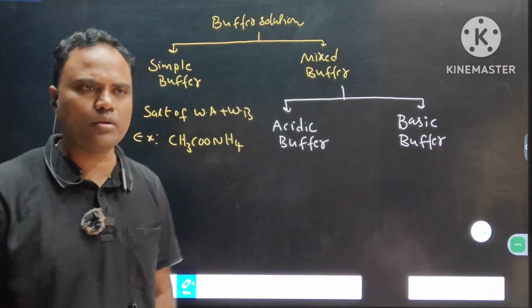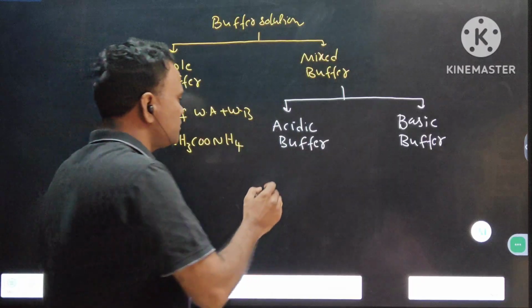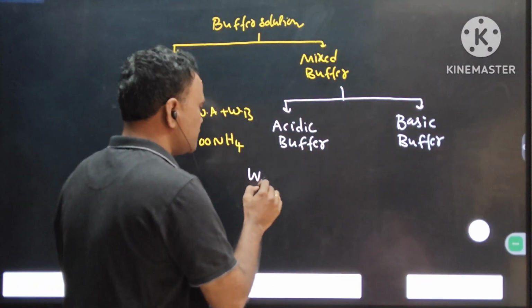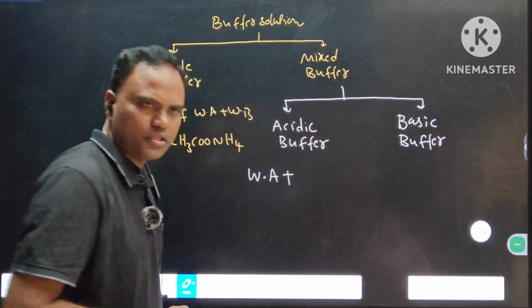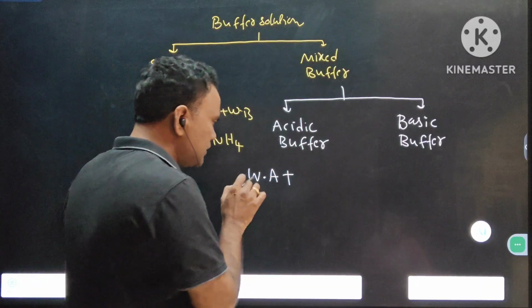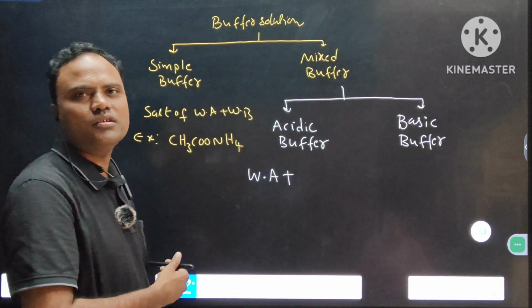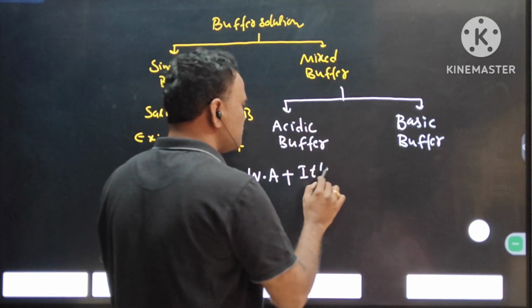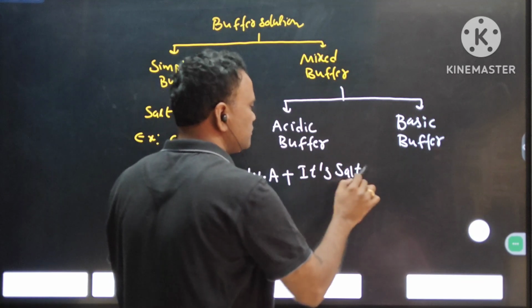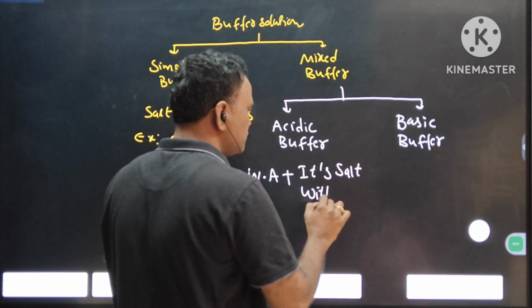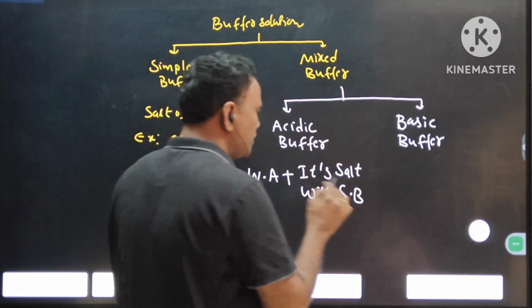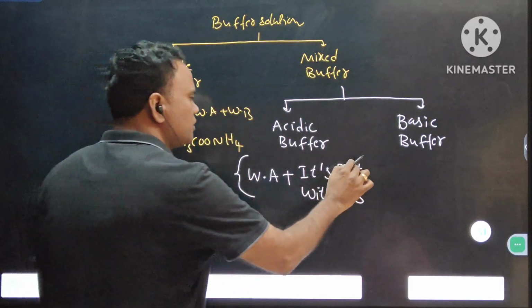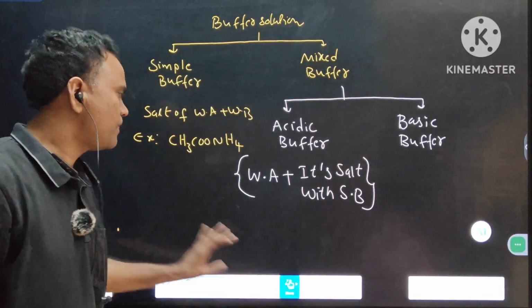I'll give you one format. Acidic buffer is a weak acid plus its salt with a strong base. Whenever you observe this combination, only then should you consider it an acidic buffer.